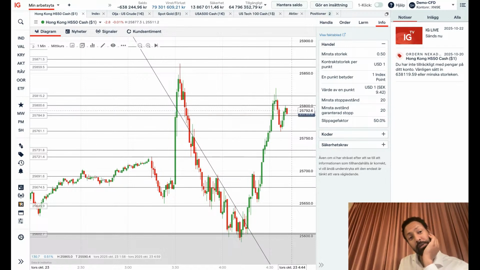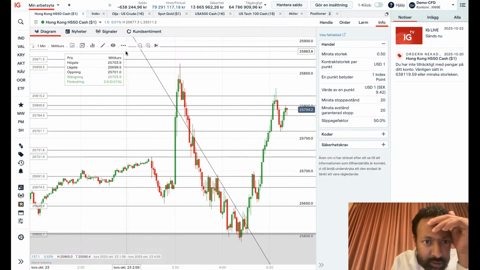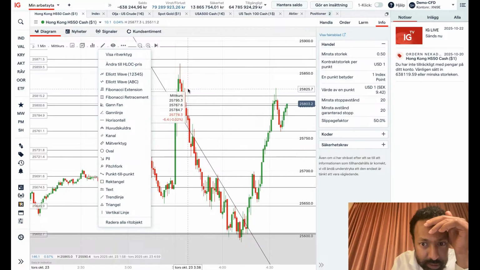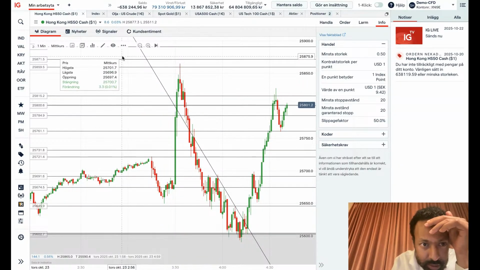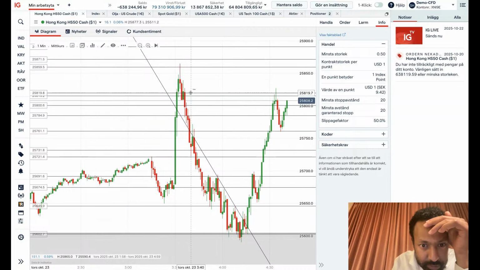Yeah. I don't know what's gonna happen. I don't fully understand why the price would stop at that level when it had been that strong. So we stopped here previously.